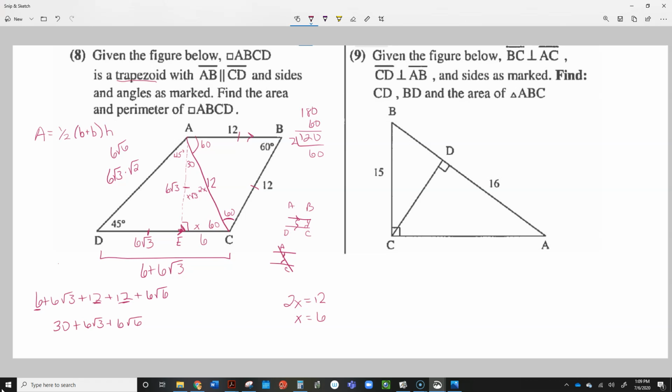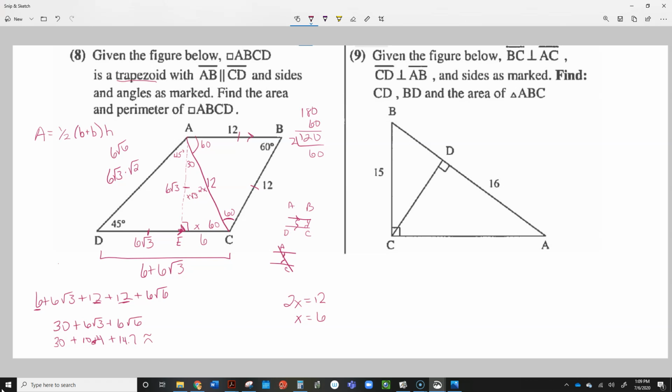I can approximate, and that would be 30 plus, and 6 square roots of 3 is about 10.4. And then 6 square roots of 6 is about 14.7.